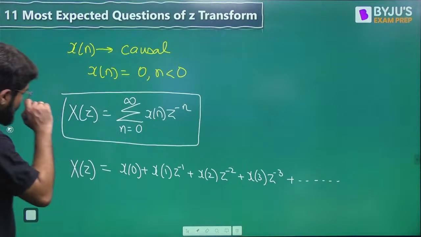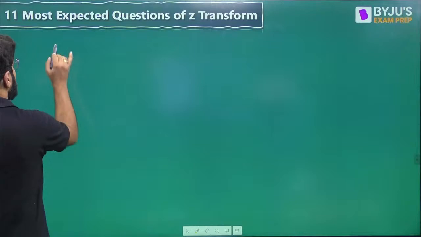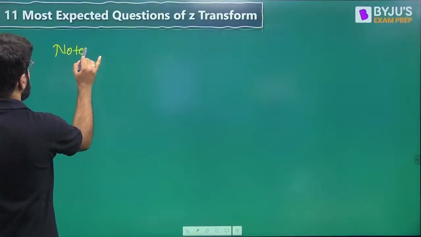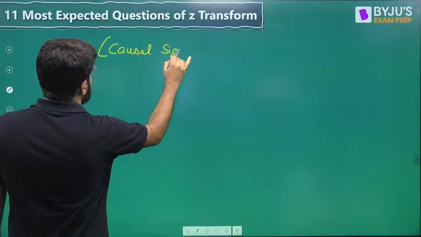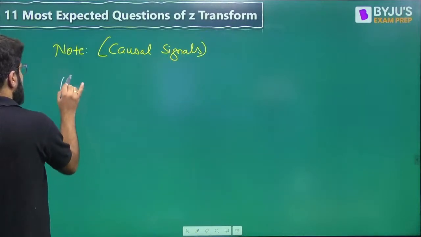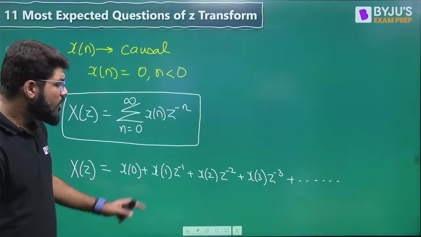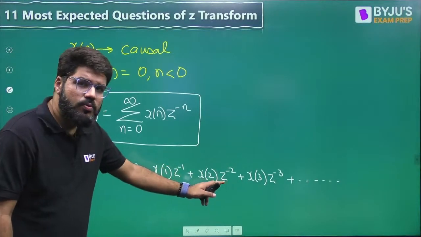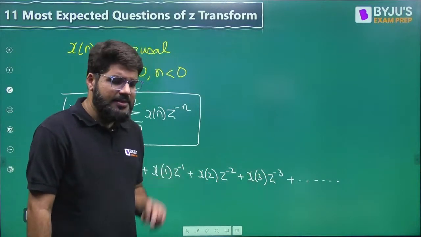Acha. Now, a few important things to learn here. Please make an important note regarding causal signals. This is only and only for causal signals. Number one: what is the coefficient of z power minus 2? It is x2. What is the coefficient of z power minus 3? It is x3.